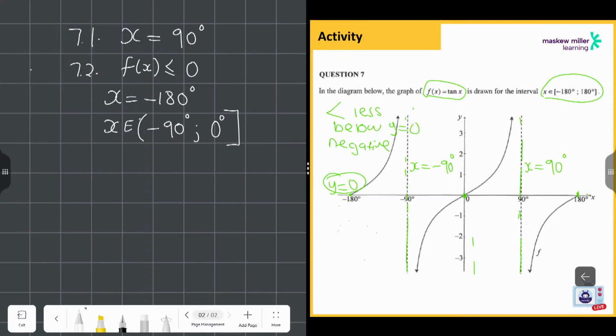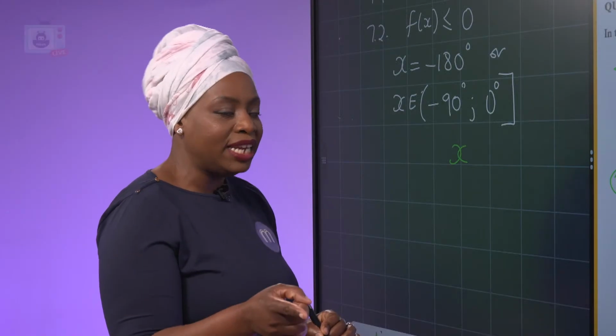This is one way, but then the other way of representing the second part, let's remove this, disturbing us, you can write it as an interval of inequalities as well.